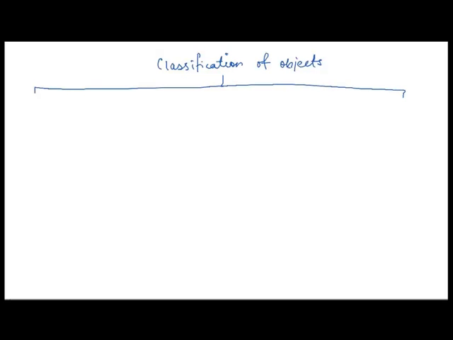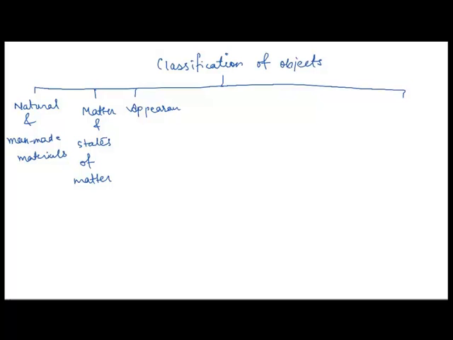The first one is natural and man-made materials. Then matter and states of matter. As you know, the popular 3 states of matter are solids, liquids and gases. Then appearance and luster.